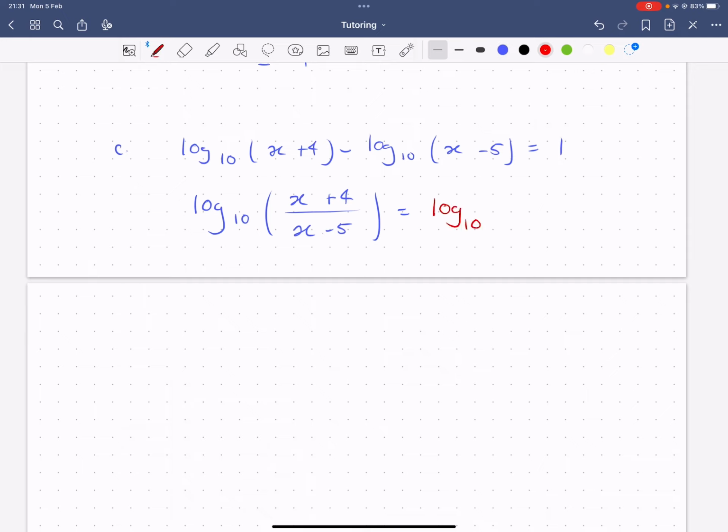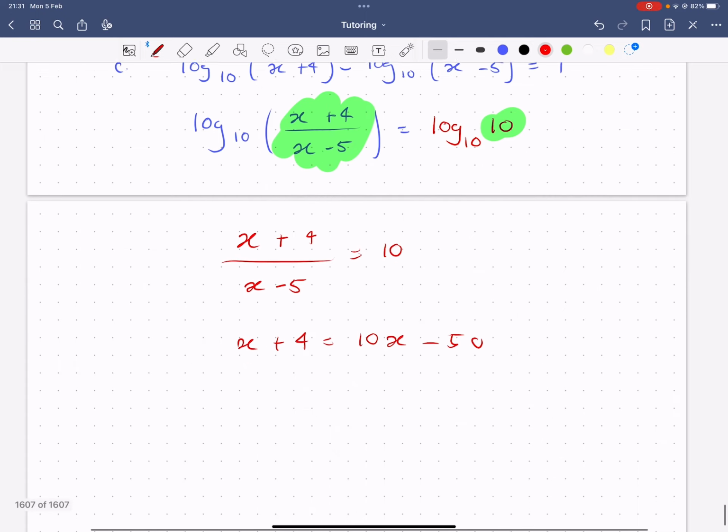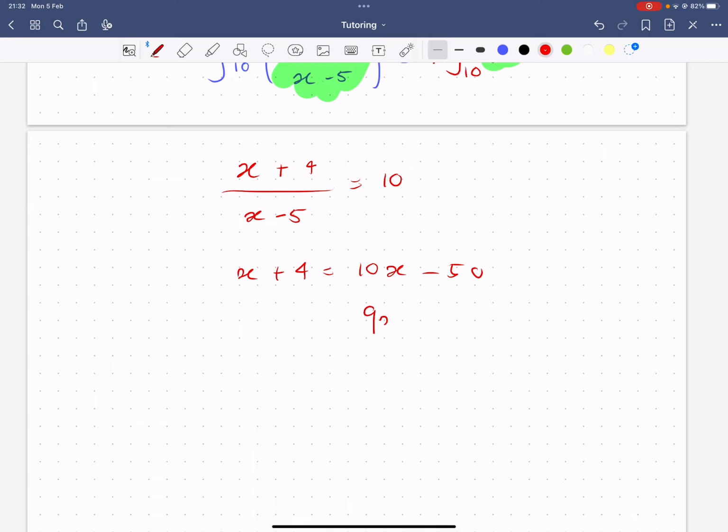So let's replace that with that. Now, that means this whole thing has to be 10 for those two things to be equal. So x plus 4 on x minus 5 is 10, which means x plus 4 is equal to 10x minus 50, which means that 9x is equal to 54, and that means x is equal to 6.